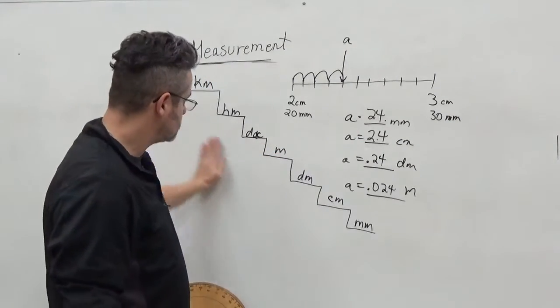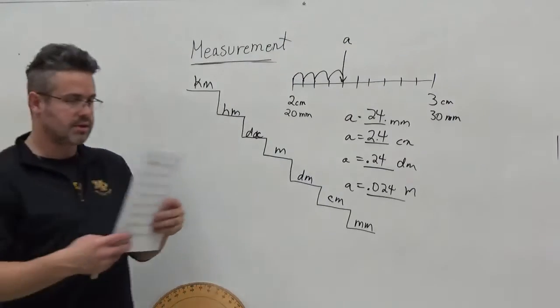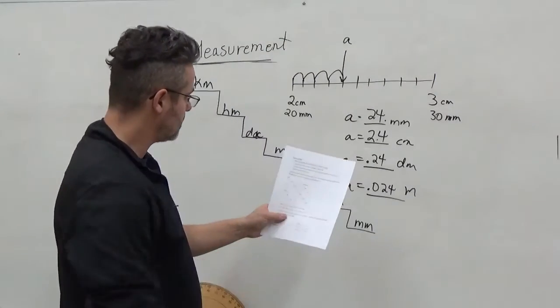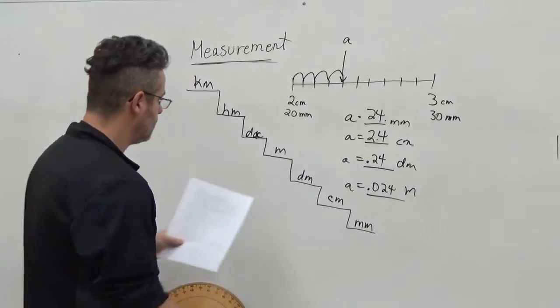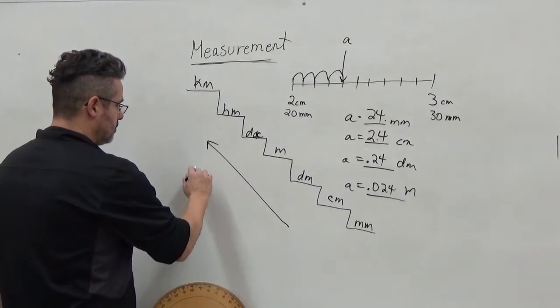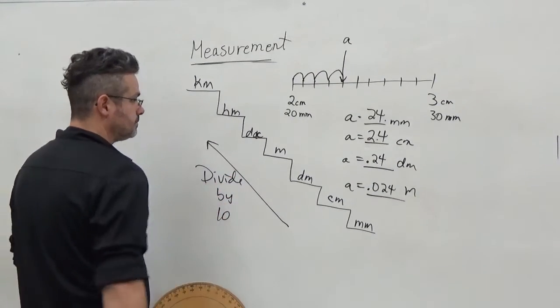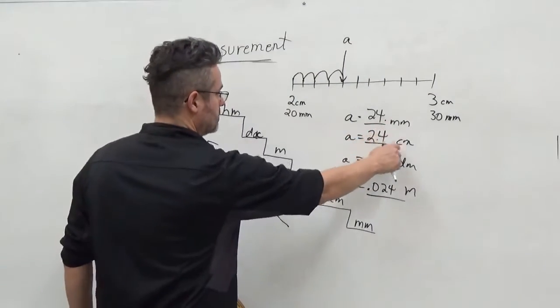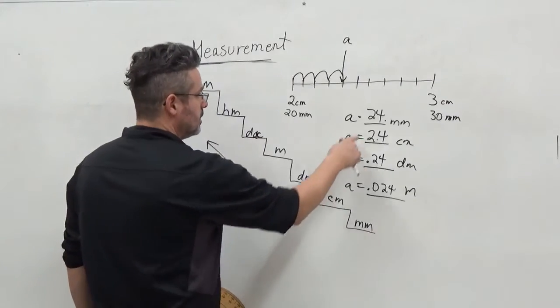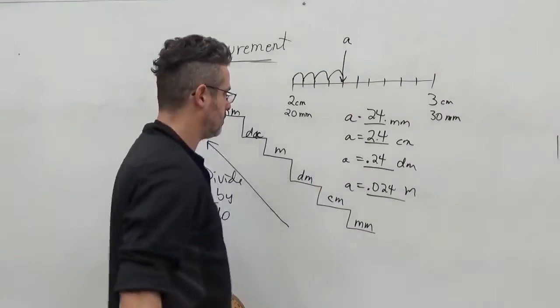So that's where these steps come into play. Again, you'll notice this little bit of a diagram here on your handout. If you're moving up the ladder, you need to divide by 10. So I went from millimeters to centimeters. I went up, so I needed to take this 24 and divide it by 10, and I got 2.4.